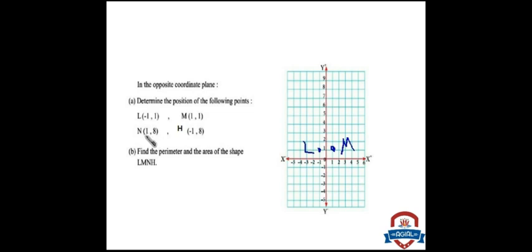N equals 1 and 8: 1 on X and 8 on Y. So N should be here. H, -1 and 8: -1 on X and 8 on Y. So H should be here.